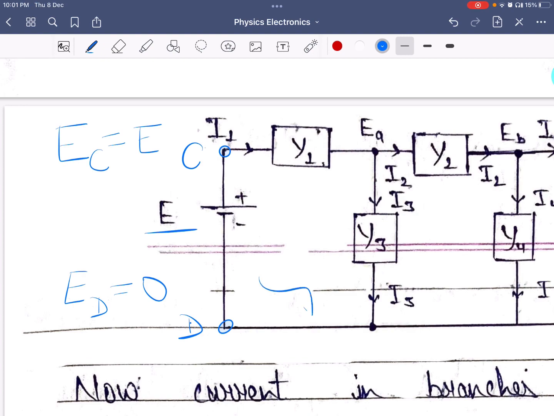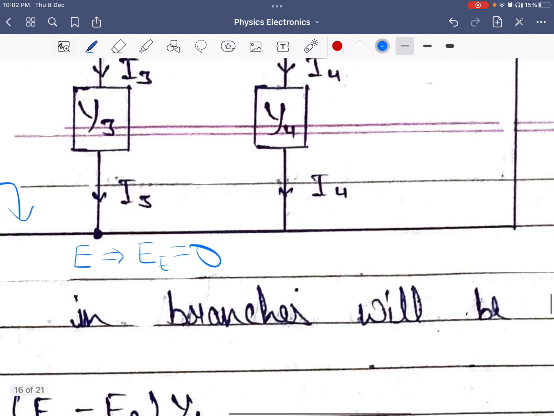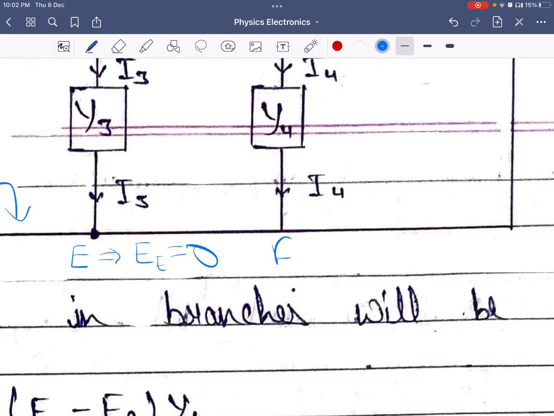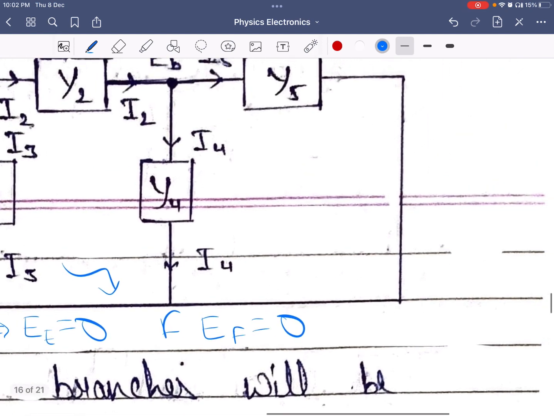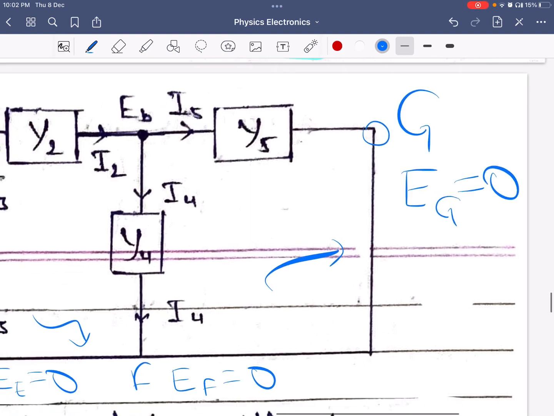And since it's an ideal wire and this is point E, the potential at E will also be equal to 0. The same goes for point F. Electric potential at F is equal to 0 since this is also an ideal wire. And this is point Z, and this is an ideal wire. So potential at Z is equal to 0.